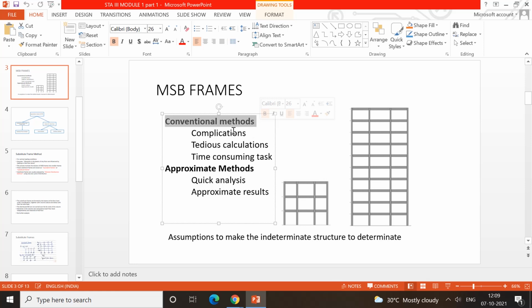You can use software to find the bending moments, shear forces, whatever it is. But for the preliminary dimensions of the structure, we can get an approximate size. You can take a frame from the structure and analyze it using an approximate method to get approximate results, so that you can fix the sizes of the beams and columns.